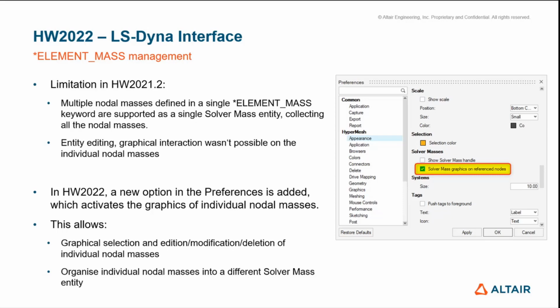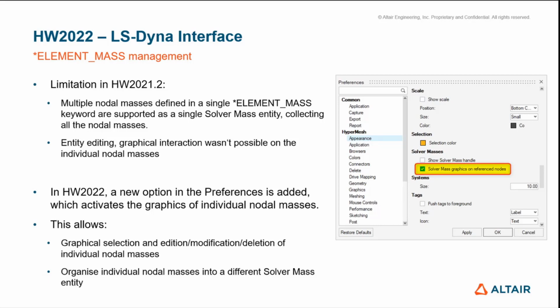In that case, it was not possible to access the individual nodal masses and manage them. So you didn't have the possibility, for example, to edit the nodal mass on an individual node, change the mass value, delete it, or move it to a new grouping of element masses.